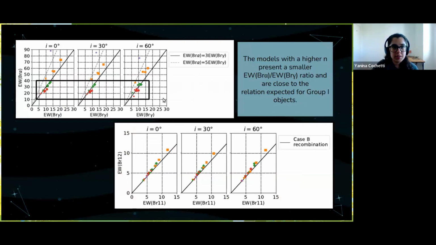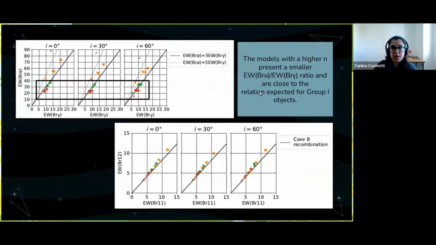We also made this other diagram with the equivalent width for Brackett alpha and Brackett gamma. So we can see the same relations that I showed you before, the ones proposed by Granada.